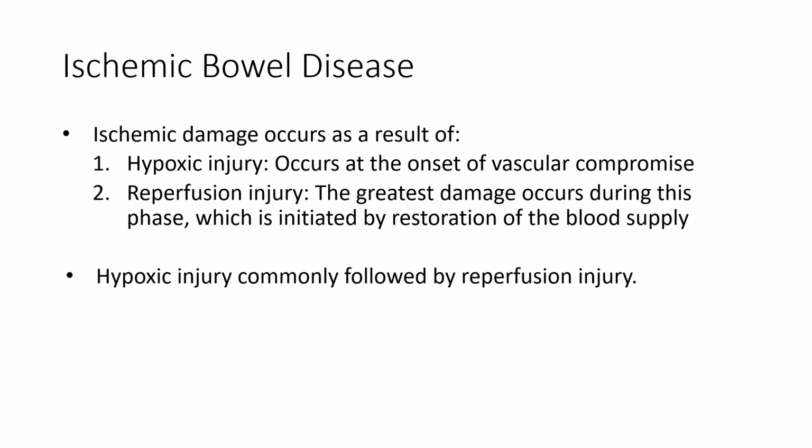However, the restoration of the flow of oxygenated blood has its own consequences because it results in the generation of oxygen-free radicals, and these oxygen-free radicals cause structural and functional damage to the epithelial cells, resulting in reperfusion injury.